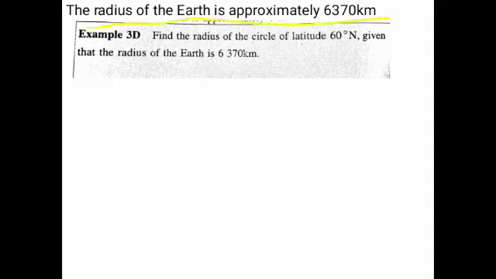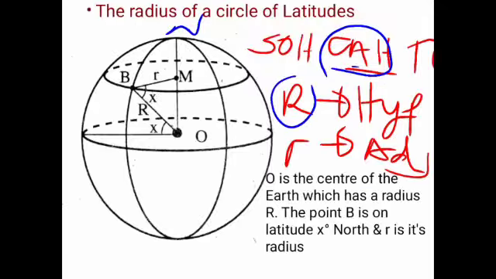The radius of the Earth is approximately 6,370 kilometers. That is the standard radius of the Earth. It does not change. That is the radius coming from the great circle, which is the capital R here. This one here is always going to be 6,370 kilometers.